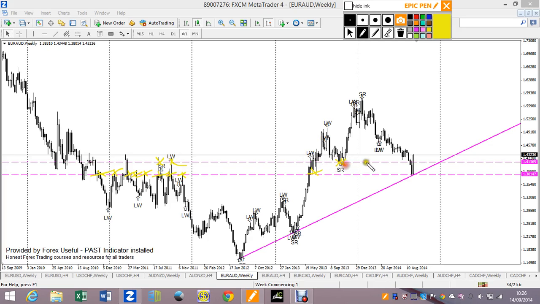Okay, now you can see that we closed above both these zones of support. There's also this ascending weekly trend line, which is a perfect reversal from a trend line in there. Past chart indicator hasn't highlighted this as a strong reversal. I'm not entirely sure why, but it hasn't nonetheless. I still think it's an interesting setup.